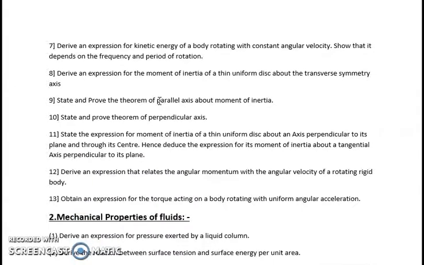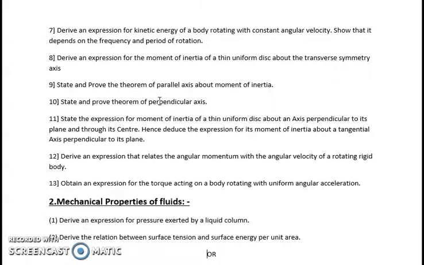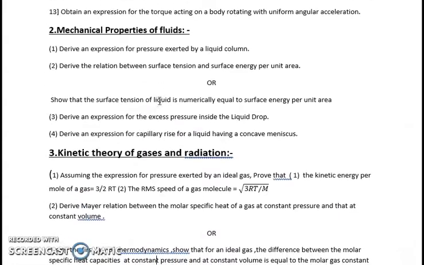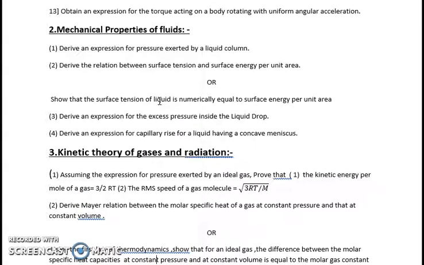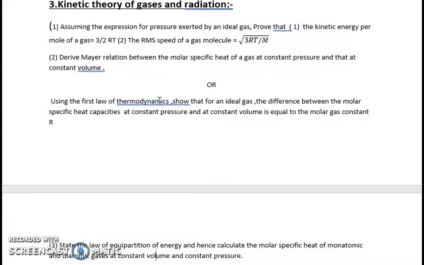You need to prove some of the theorems which are based on the parallel axis theorem about moment of inertia, then the theorem on the perpendicular axis. These are some of the derivations which you have to derive.